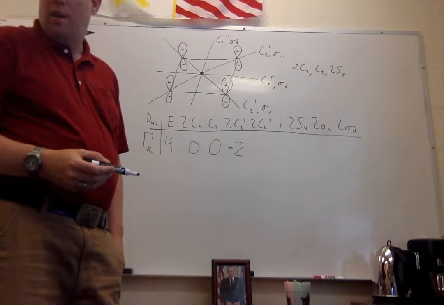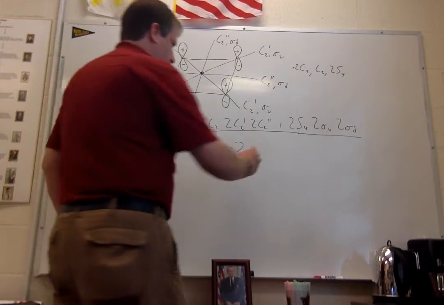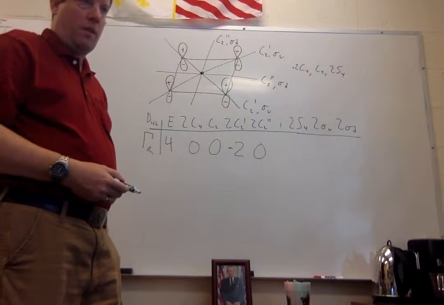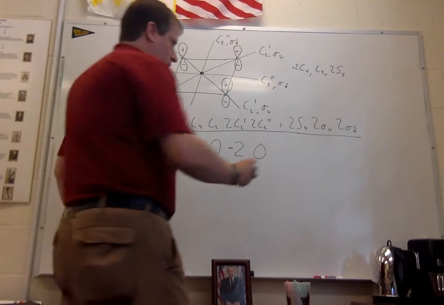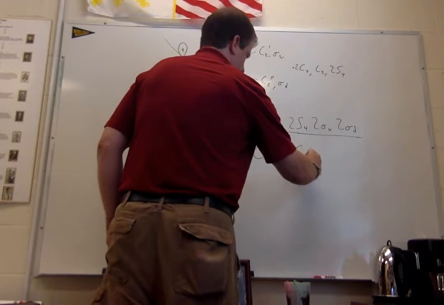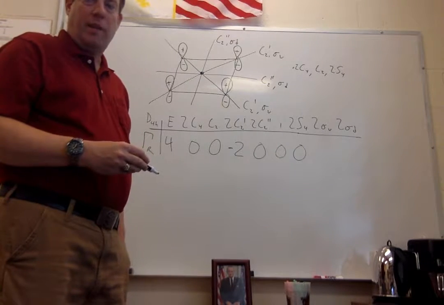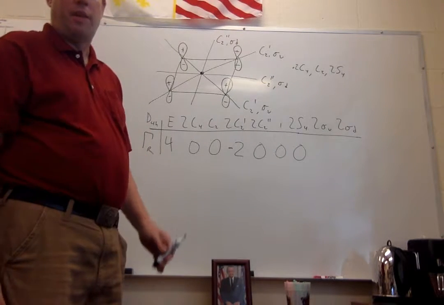Okay? Then beyond that, the C2 primes that bisect the angles leave nothing where it was. Inversion center, obviously nothing. The S4s, nothing. The sigma v's leave 2 p orbitals fixed where they are.